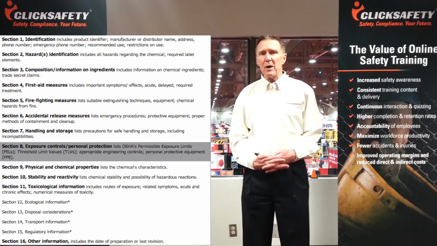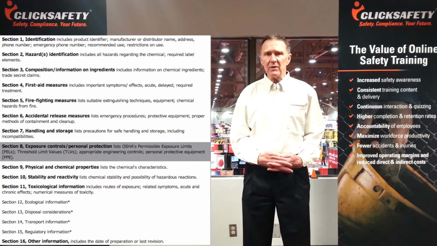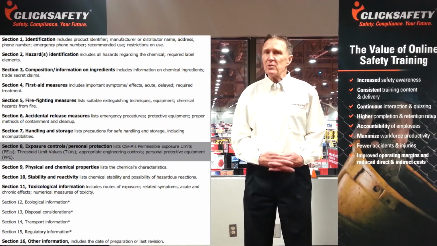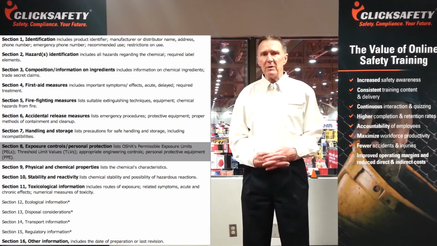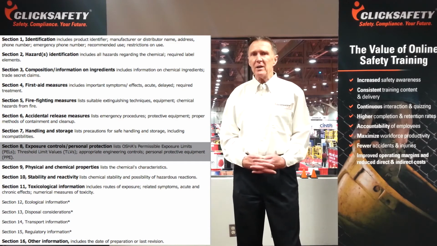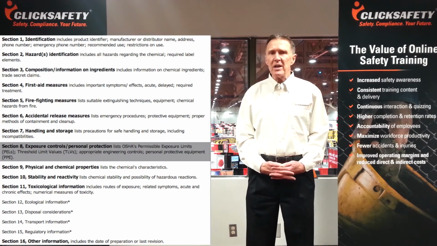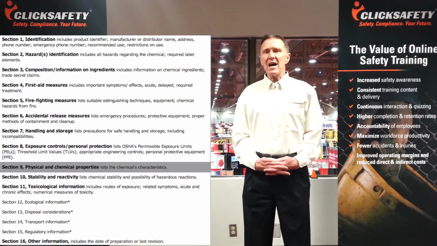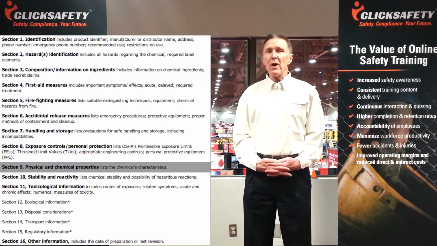Section 8, exposure controls and personal protective equipment, lists OSHA's permissible exposure limits, or the PELs, the threshold limit values, or the TLVs, and appropriate engineering controls and personal protective equipment, or PPE. Section 9 is the physical and chemical properties.